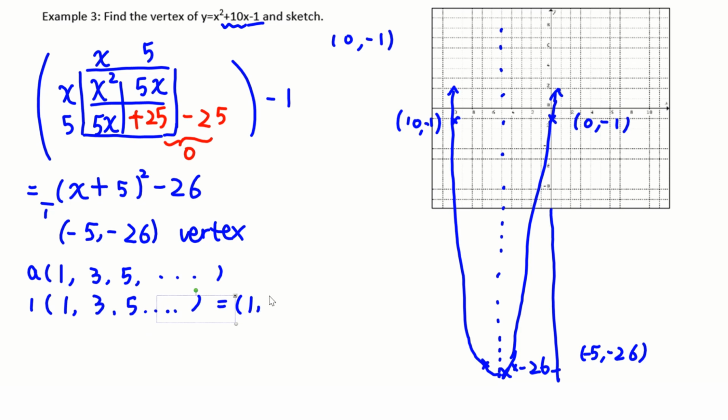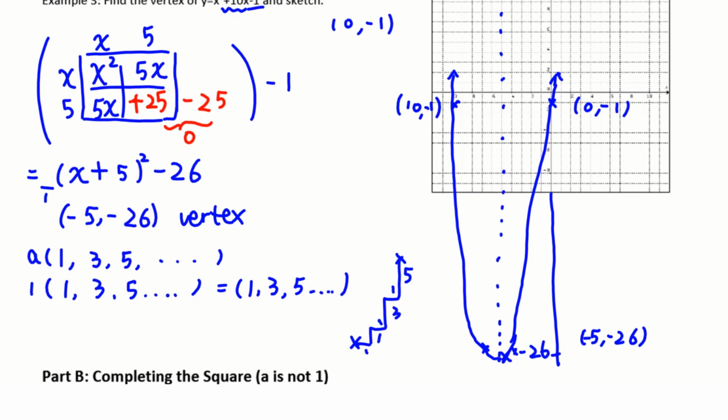So it means right 1 up 1, right 1 up 3, right 1 up 5. So they are the slope from the vertex. The slope is changing, so make sure you will have a curve, a non-linear graph. And if the slope is the same, you will have a straight line. Okay, so this is for the a value equals 1.